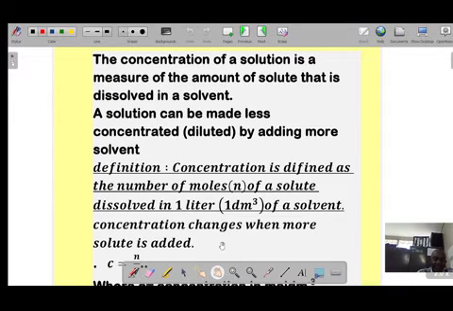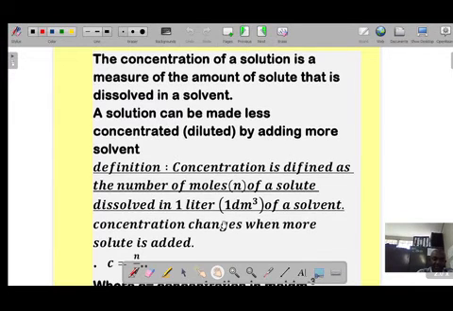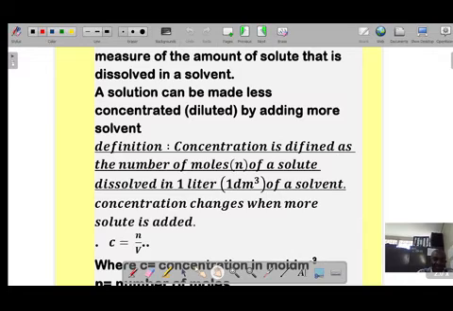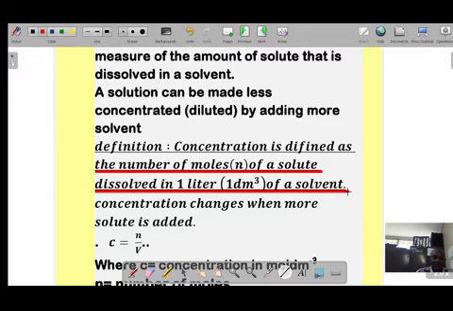Now, if we ask you again to define concentration, this is what you must say, guys. What is concentration? It is the number of moles of a solute dissolved in 1 liter of a solvent.